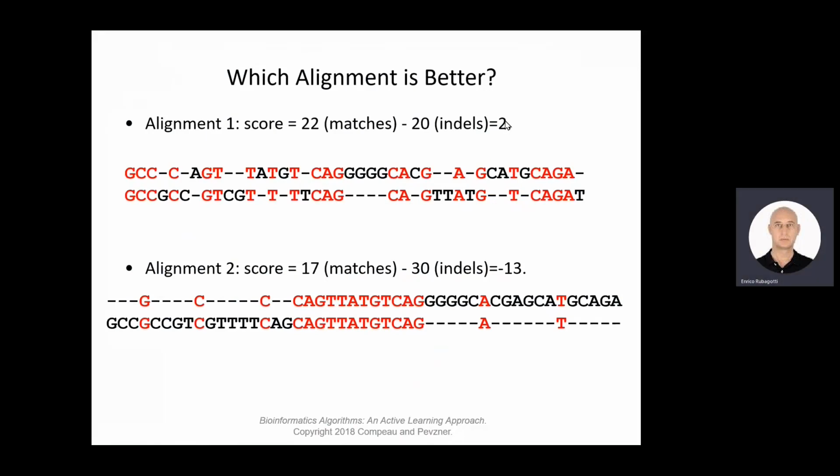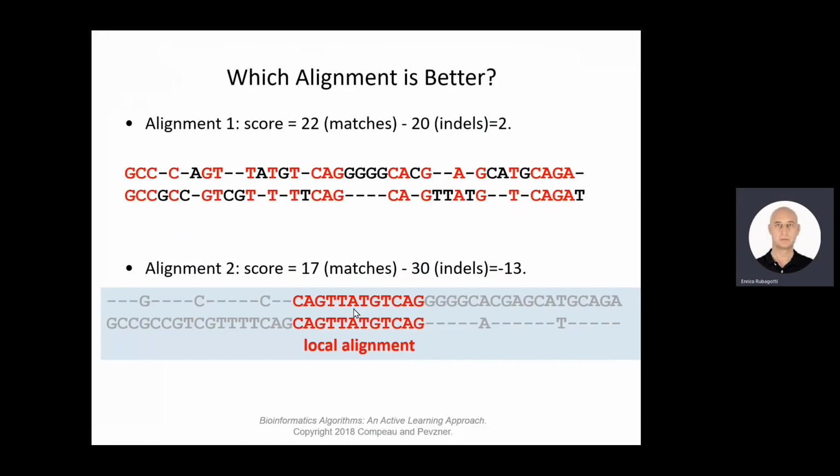While in the second one, I have 70 matches and 30 indels, and the score is minus 30. But when I investigate them visually, clearly the second one appears to be much better than the first one.